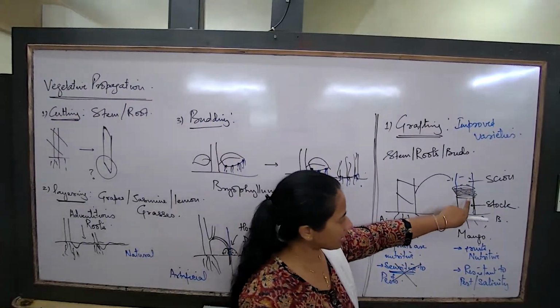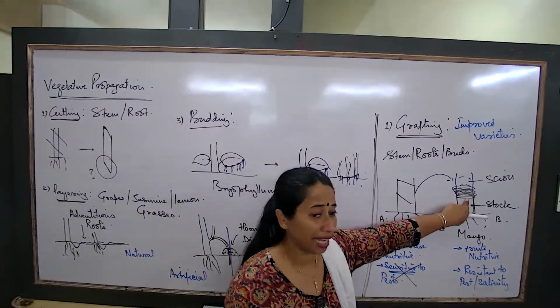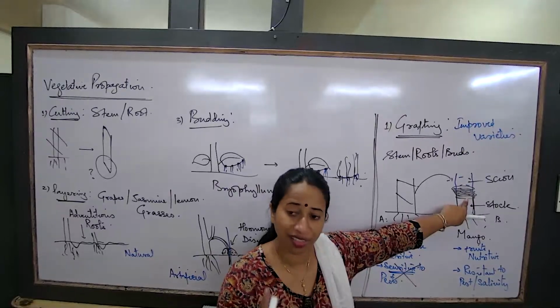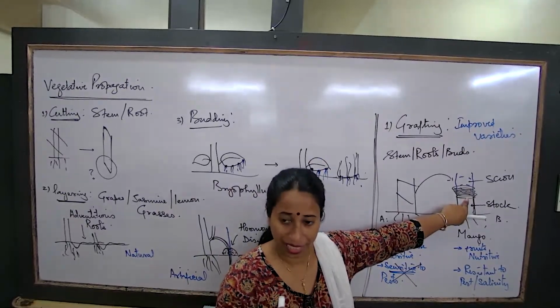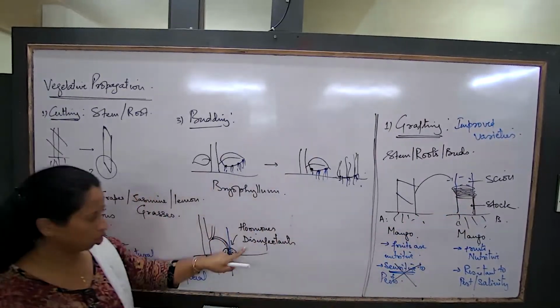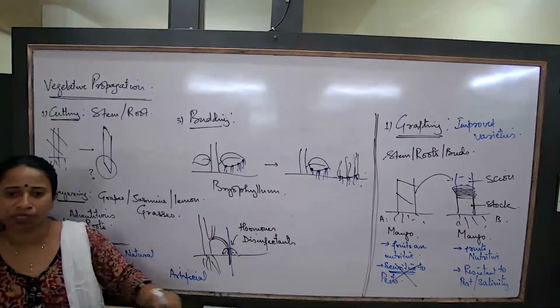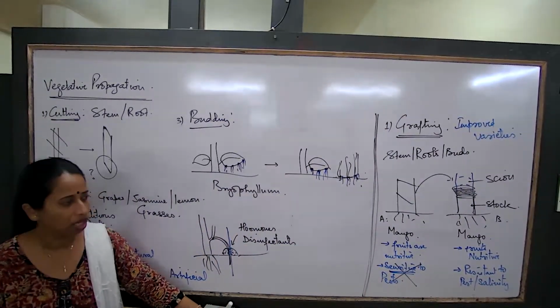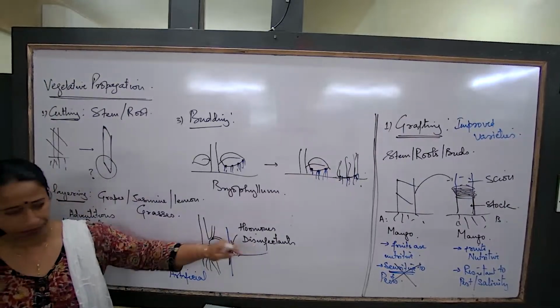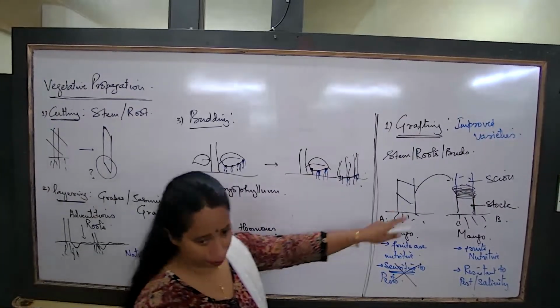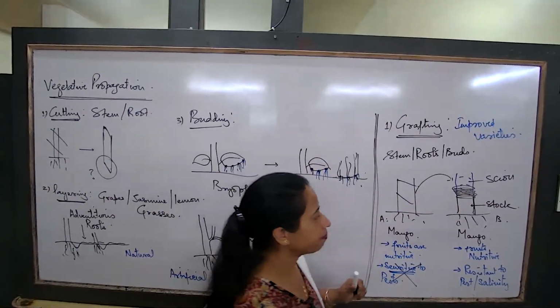Now this is there, and similarly here what has to be applied so that there is no infection? Disinfectants, because 2 different types of tissues are coming together, possibly there will be some bacterial or fungal infection. So for that use this. Then next, apply hormones, and everything is there.